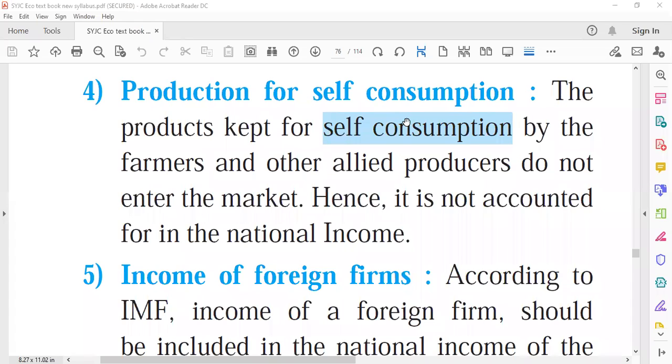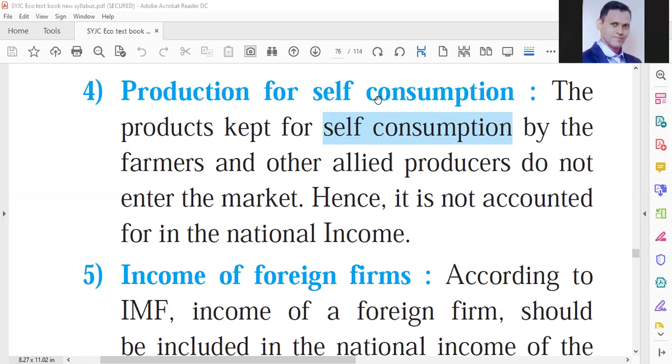Another difficulty that we face over here is the production which is kept for self-consumption purpose. Now, many times the farmers keep a certain proportion of their produce for self-consumption purpose.